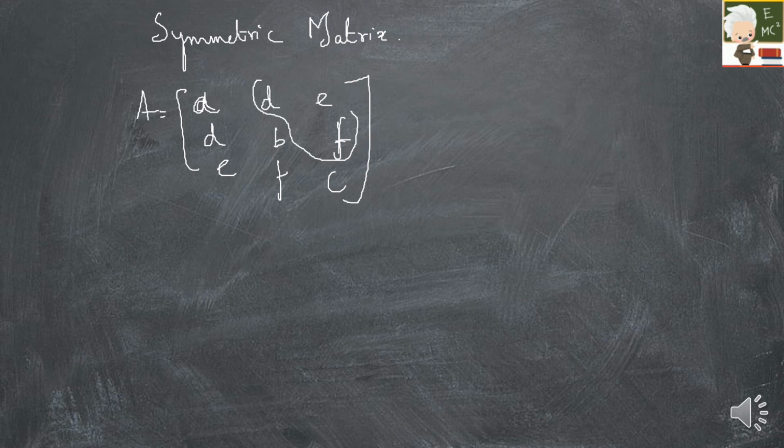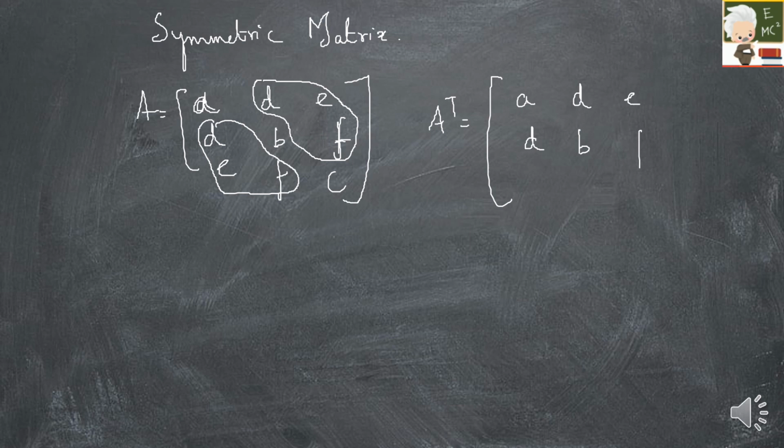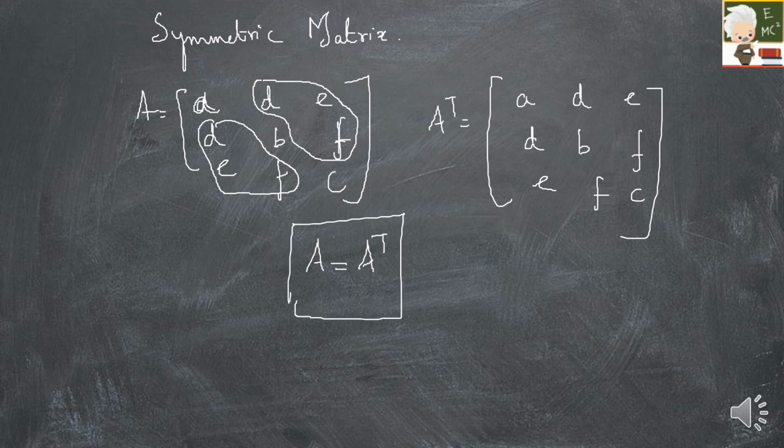If you look at the lower triangle and upper triangle, your elements would be the same. So if I take a transpose of this, what would I get? I would get the same: A, D, E, and then D, B, F, E, F, C. So if your lower triangle and upper triangle elements are the same, then your A is equal to A transpose. So this is what is meant by a symmetric matrix.